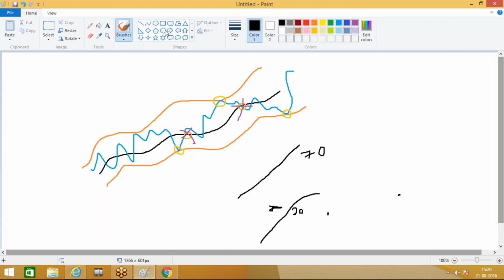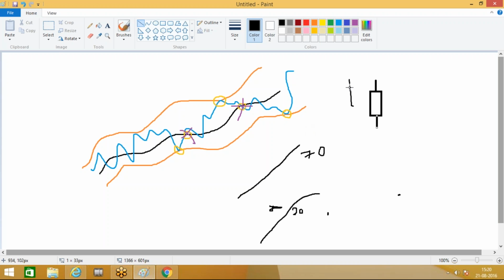So, for example, if I have to draw it, it will be something like this. There is a solid body, as well as shadows both on the upside and the downside. It's very common. The only difference is it occurs at the end of a trend.